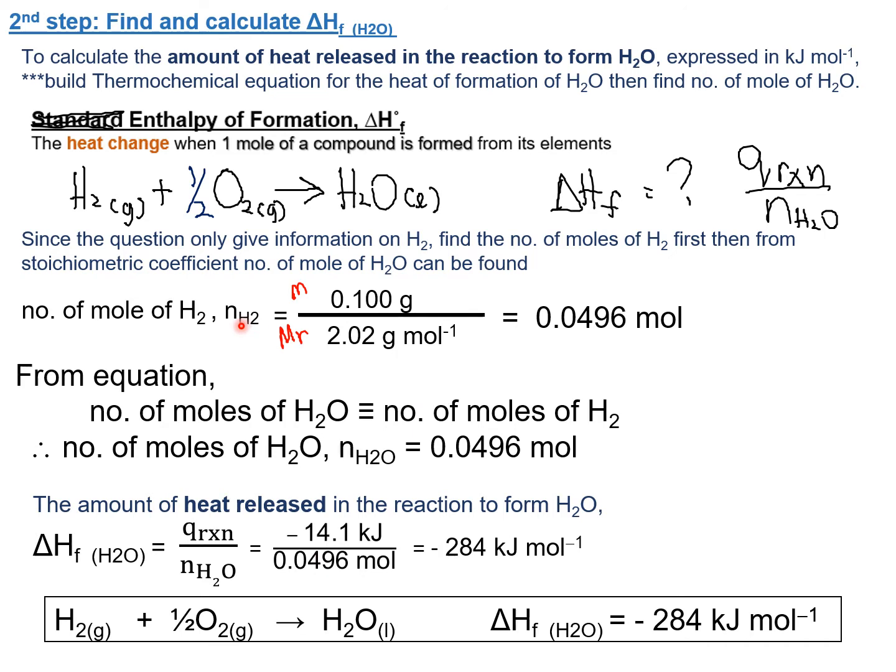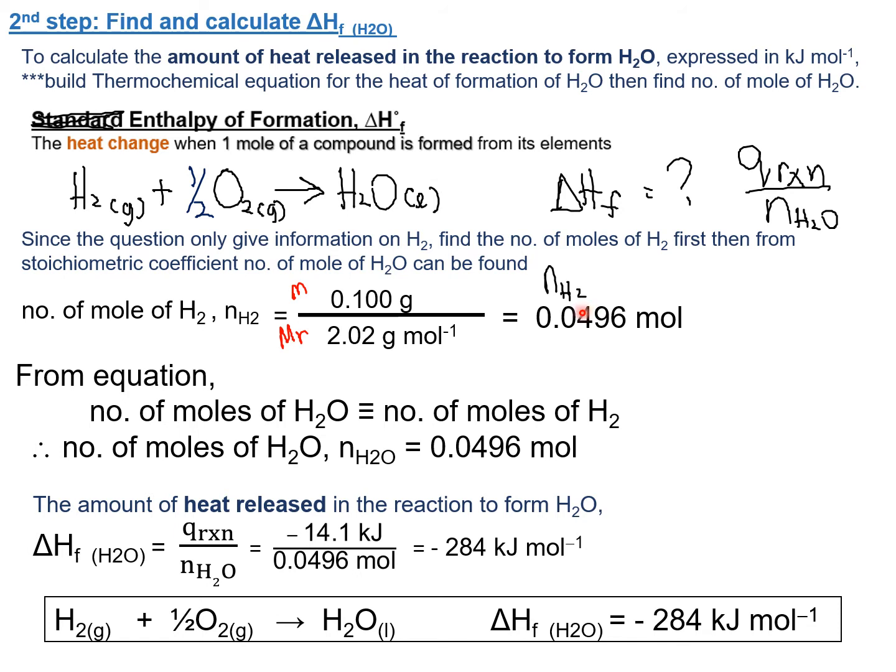Okay, kenapa 2? Because 2 kalikan dengan molar mass of hydrogen, okay, hydrogen atom. So mass bagi molar mass, and you will get the number of mole of H2 ialah 0.0496 mol. Ini adalah number of mole of H2. Okay, this is number of mole of H2 gas. This is not number of mole of H2O gas yet.